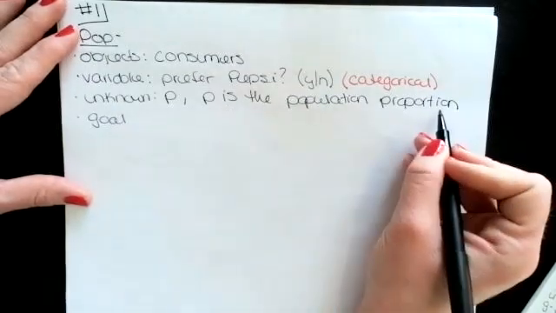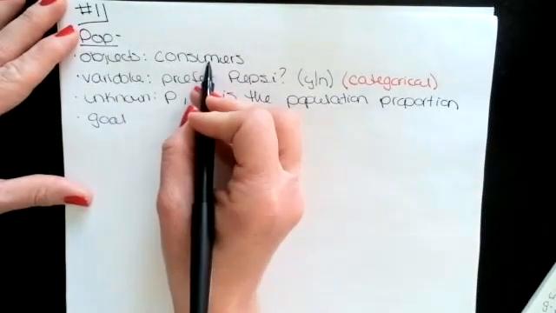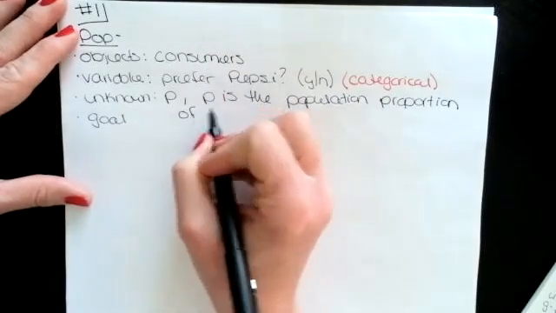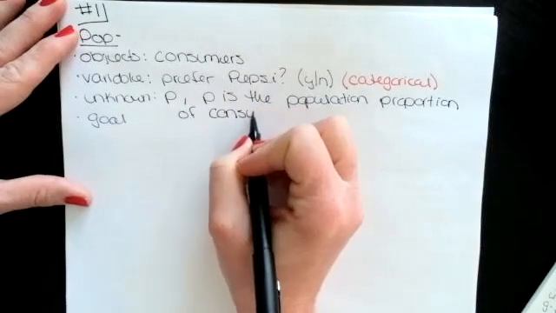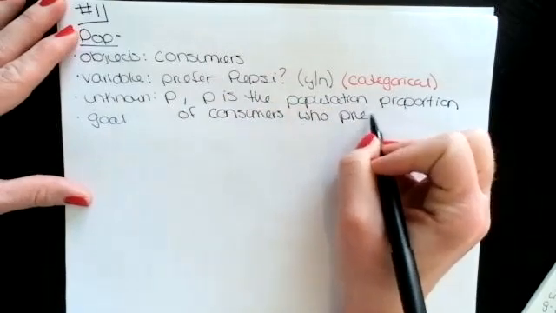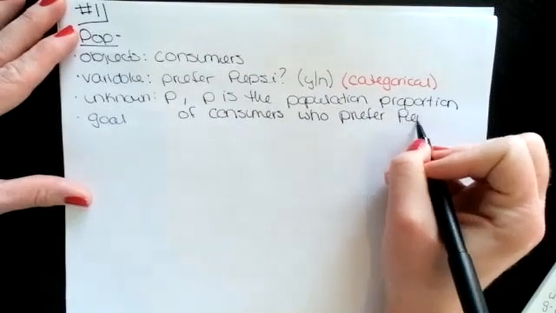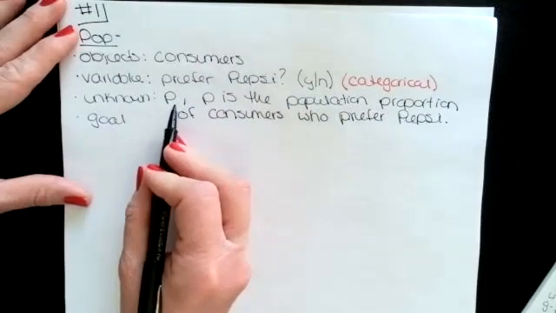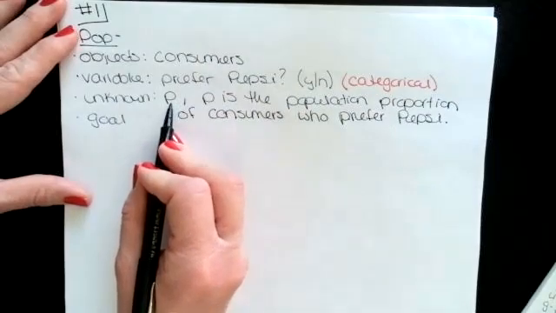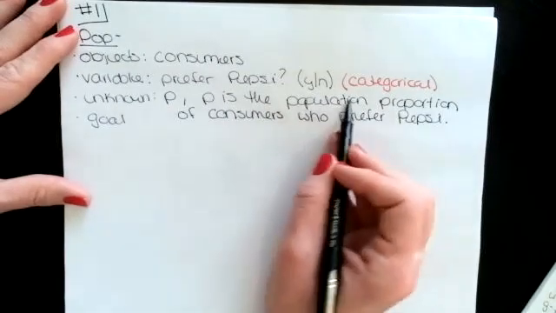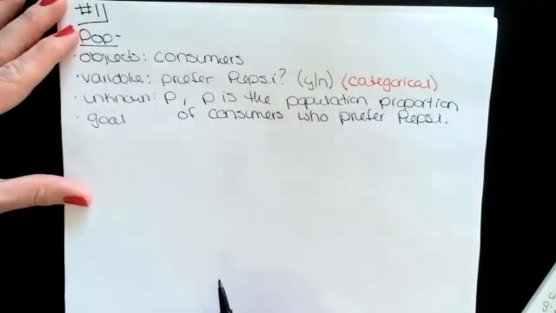So P is the population proportion of consumers who prefer Pepsi. And there it is. Okay. So in my unknown, I want to make sure I identify my unknown. So P for categorical, mu for numerical. And I want to define that value.